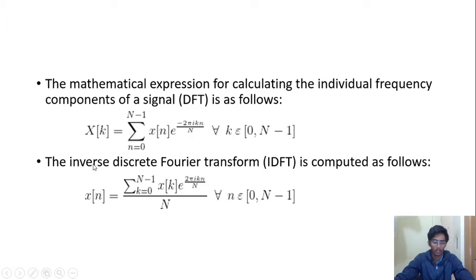The inverse discrete Fourier transform is computed as follows, where the input sample is obtained as the summation, k equal to 0 to capital N minus 1, of X of k e to the power 2 pi i k n by capital N, whole divided by N, for all n belonging to 0 to N minus 1.